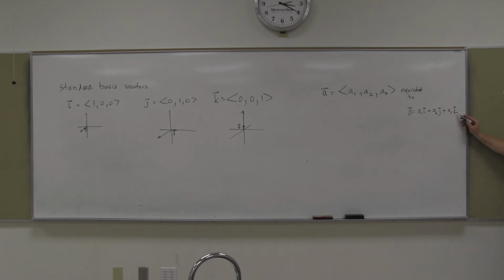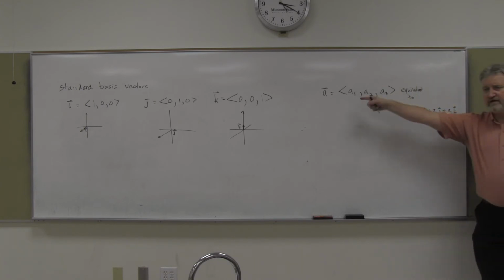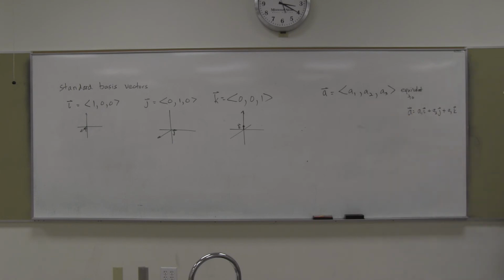Using A1, A2, and A3 as the scalar multiples, that's going to be the same vector. Because this would be A1 times 1, 0, 0, A2 times J which is 0, 1, 0, and A3 times 0, 0, 1.